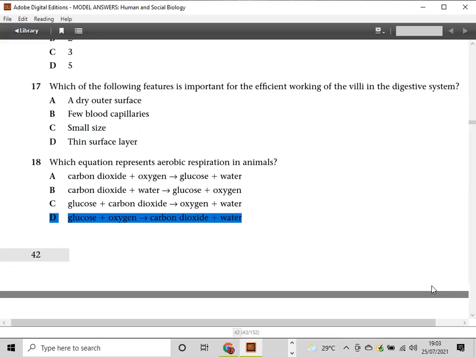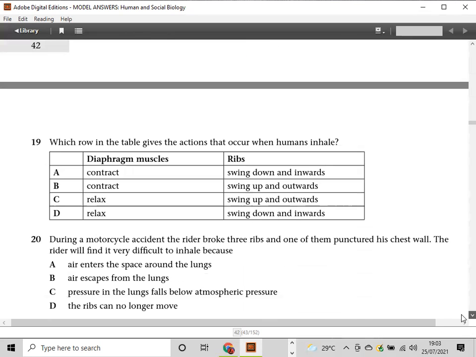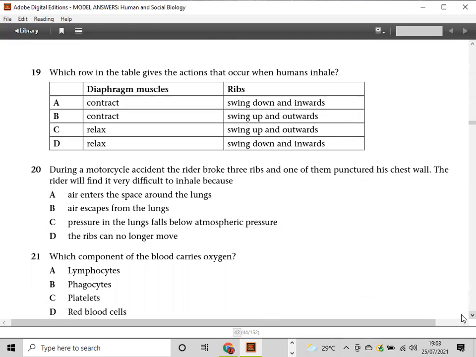18 is B. 19 is B. So 19 is B and 20 is A. Air enters the space around the lungs.